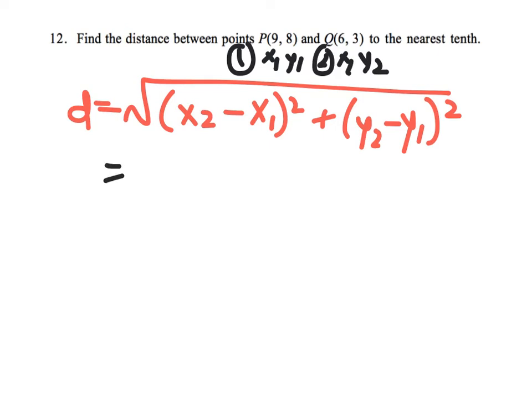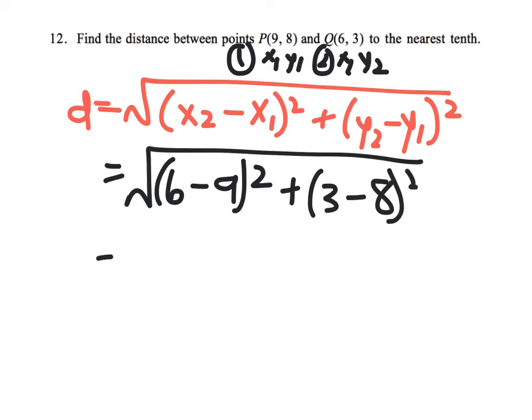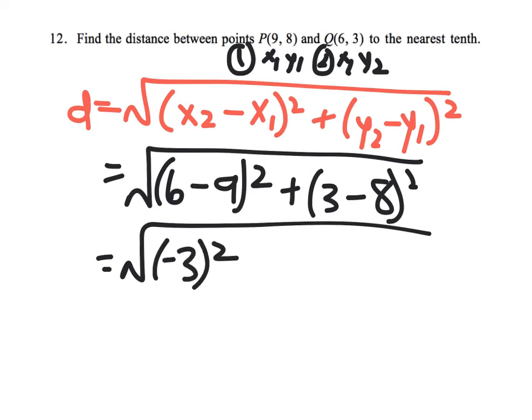So x2 is 6 minus x1, which is 9, squared, plus y2, which is 3, minus 8, which is y1, squared. I'm going to simplify. When I do 6 minus 9, we get -3, and we're going to square that.